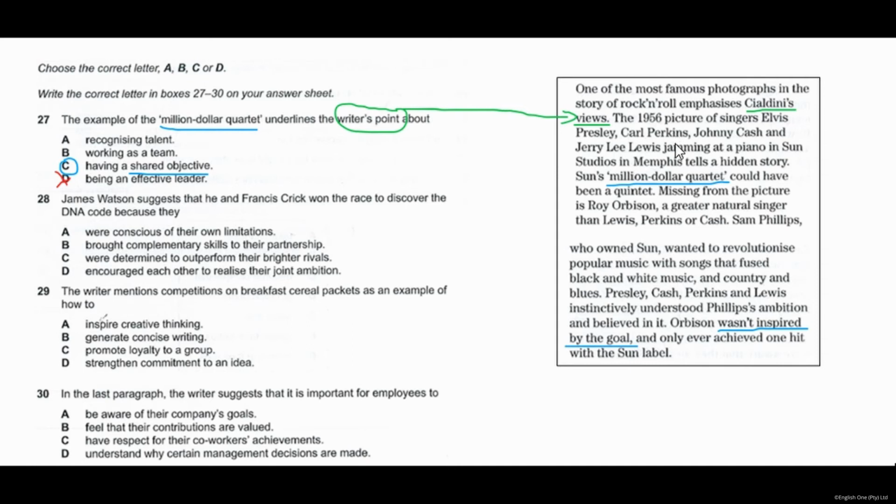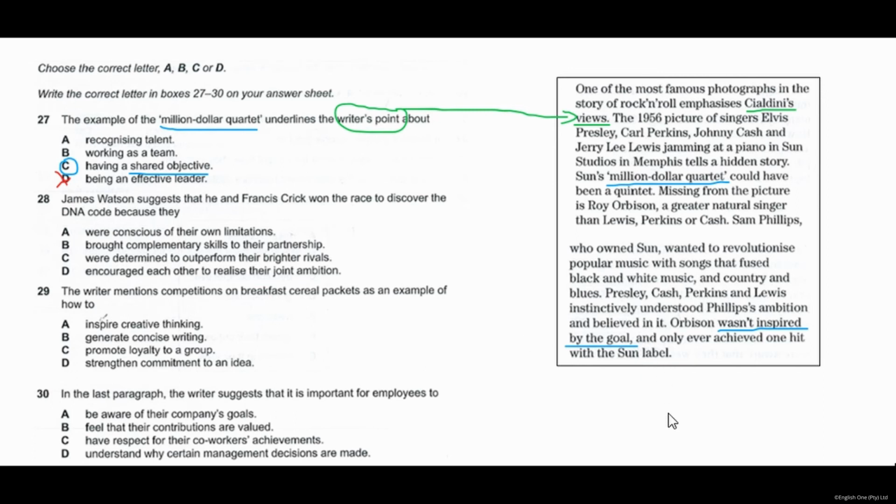Once I'm busy scanning, I notice that I've got a writer's view, Cialdini's views, writer's point, paraphrased, of course, to be sneaky. And I've picked up on $1 million quartet. So now I know that somewhere in this paragraph, I'm going to find the answer to 27, and then I'll continue scanning. And I'll do the same for 27, 28, 29.